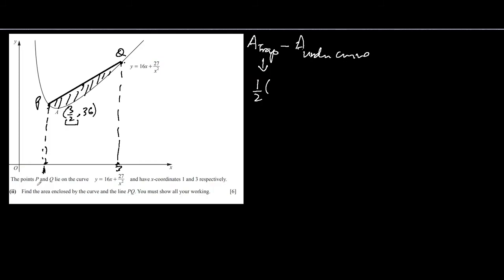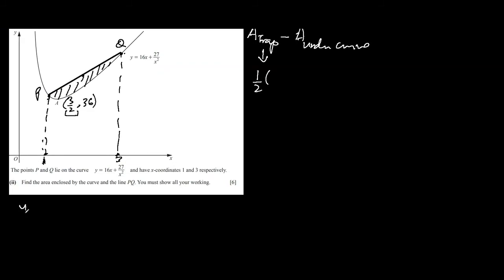How? We substitute 1 into the equation of the curve and we'll get the y coordinate of P, which is, so y will be equal to 16 times 1 plus 27 over 1 squared, which comes out to be 16 plus 27, 43.